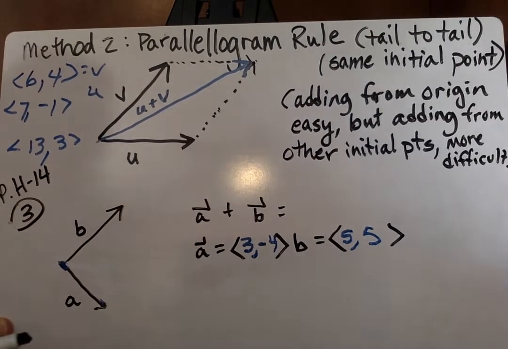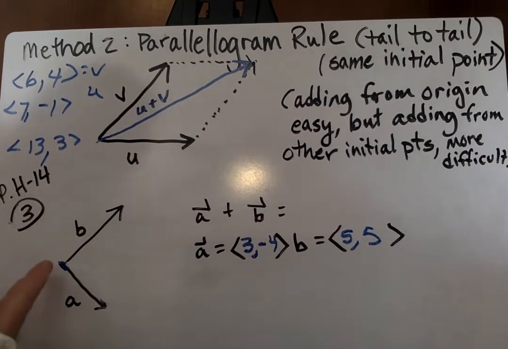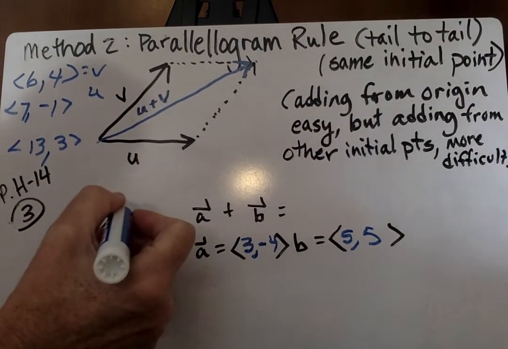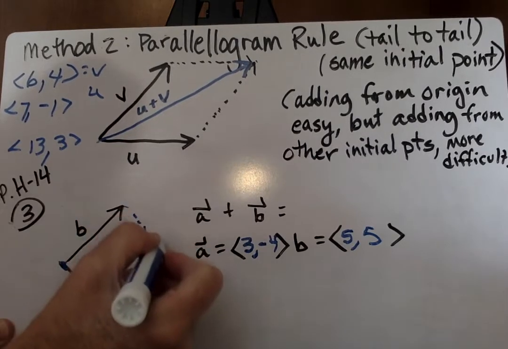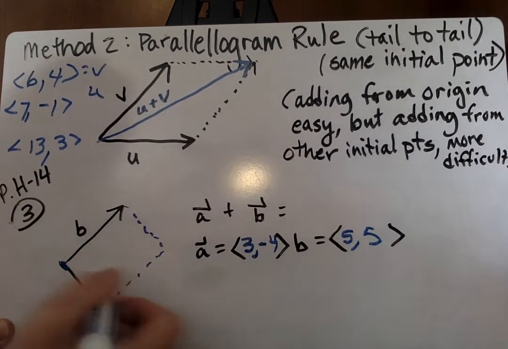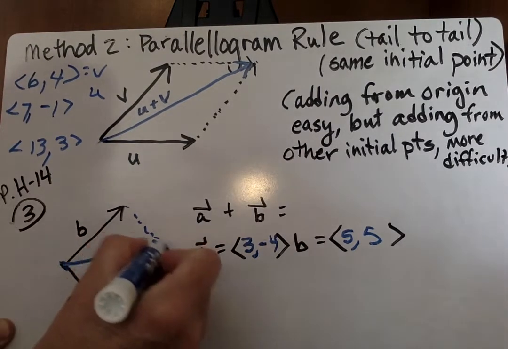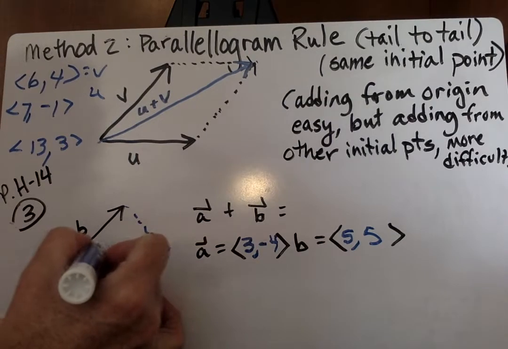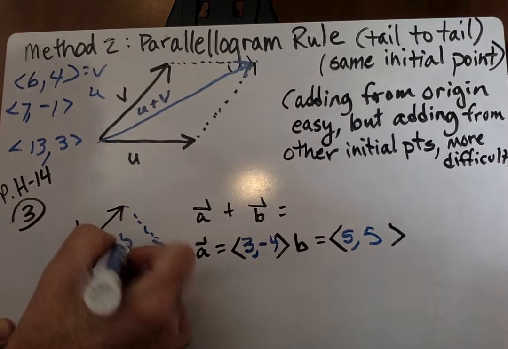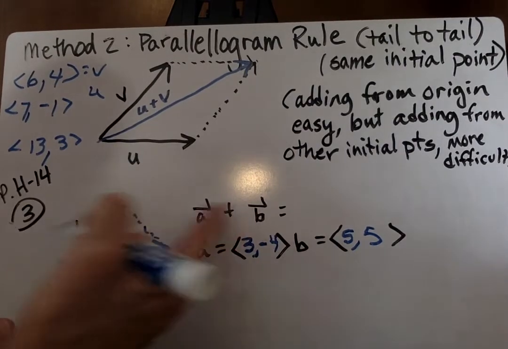Okay. So we're going to use the parallelogram rule where we say, okay, they both start at the same spot. So this one, I can draw a little dotted line there, this a little dotted line there, and then I know my resultant vector is this, and that's going to be A plus B. If I have these numbers here, it makes this so much easier.